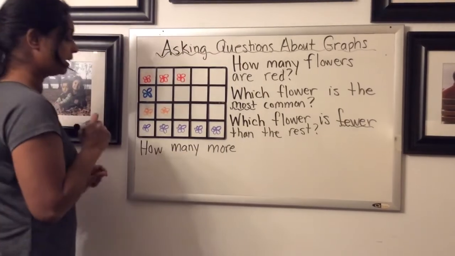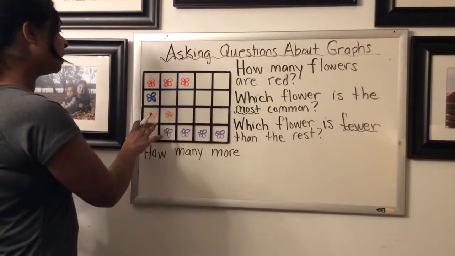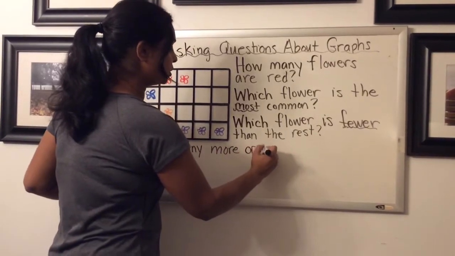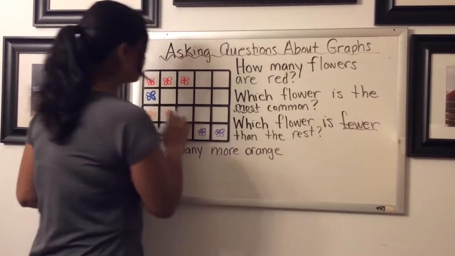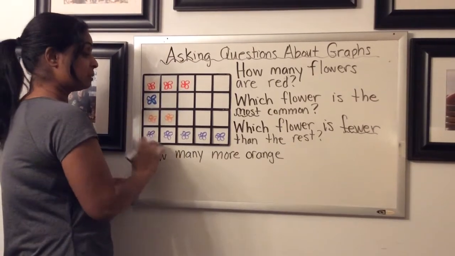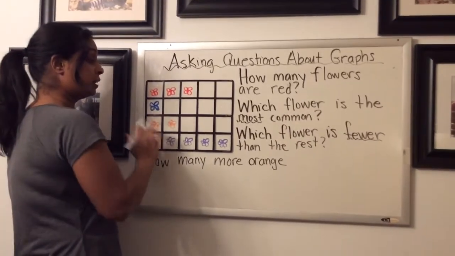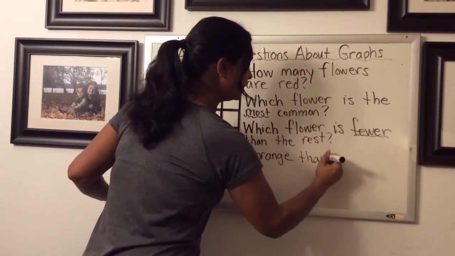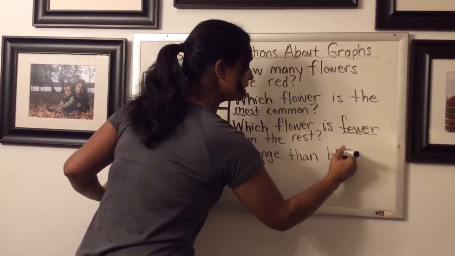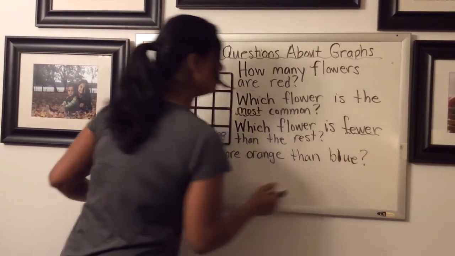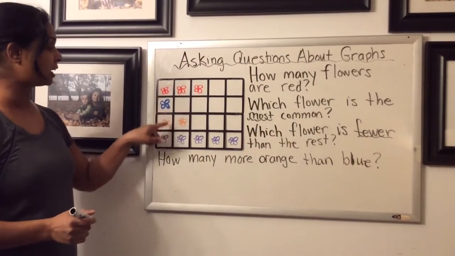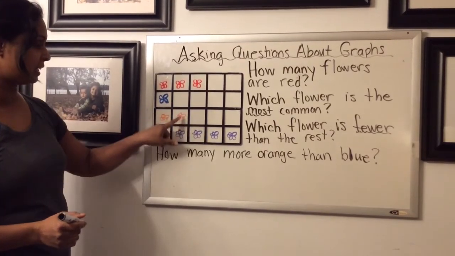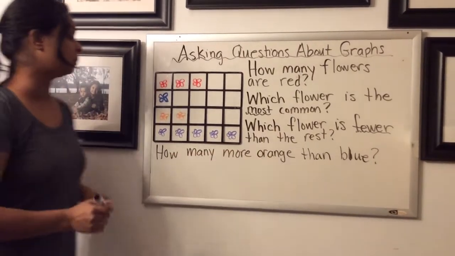Okay, and then I'll have to pick now. So how many more? Maybe I'll do orange. How many more orange? And if I choose orange, that means I'll have to use blue next because orange has only more than blue. So how many more orange than blue, like this. And again, I'm going to be looking for a number answer, and I know that it is one more orange because I can see that space there. How many more orange than blue?